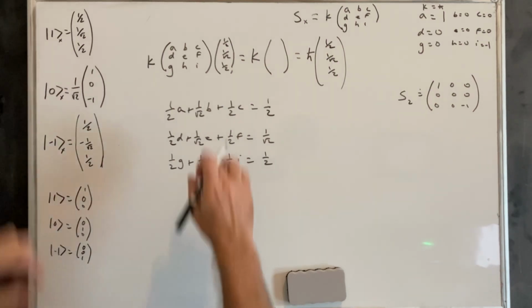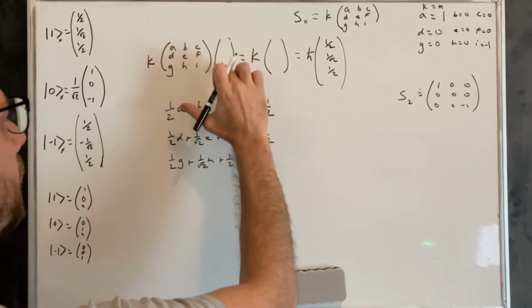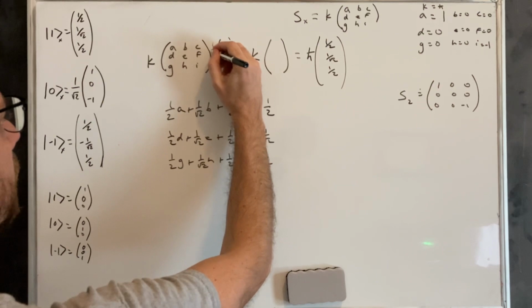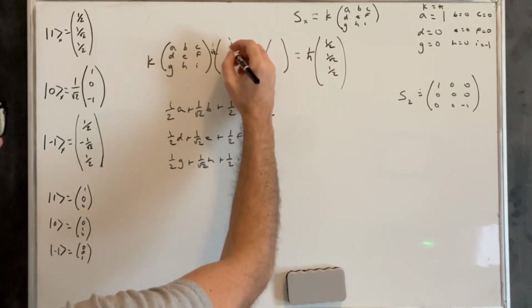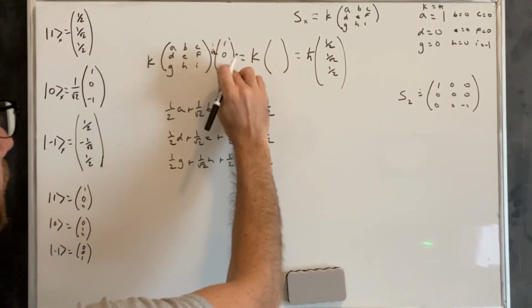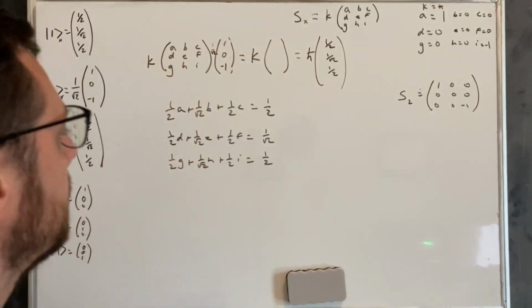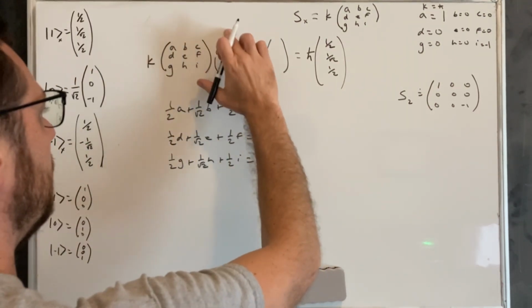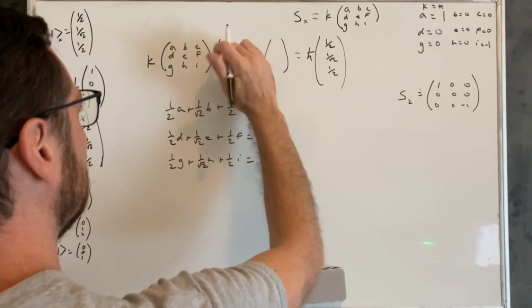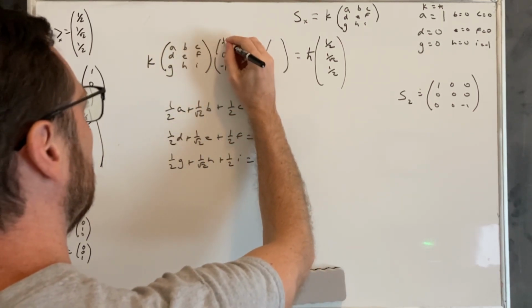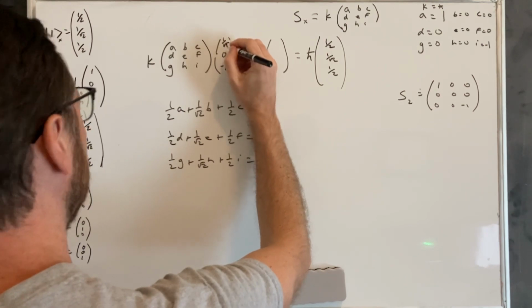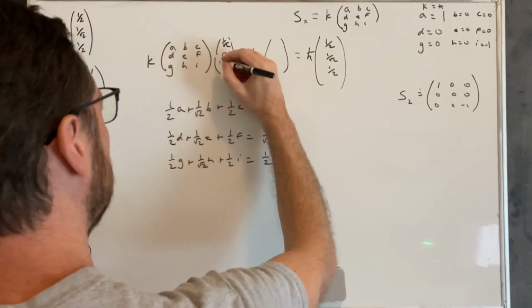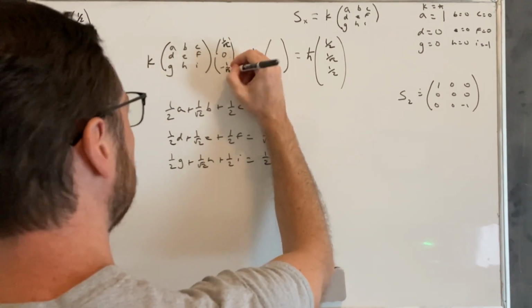So that's going to be 1 over root 2, that on the outside, and then 1, 0, negative 1. Or we can just put that on the inside, keep things consistent. So let's do 1 over root 2, and then this is going to be negative 1 over root 2.